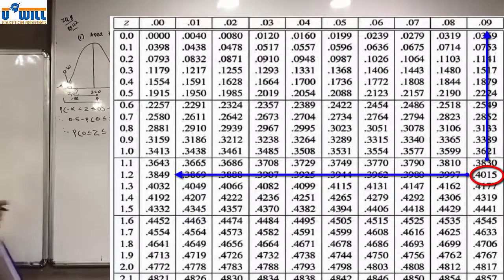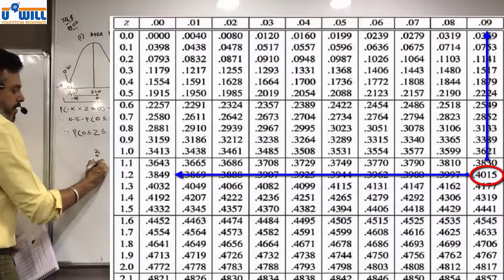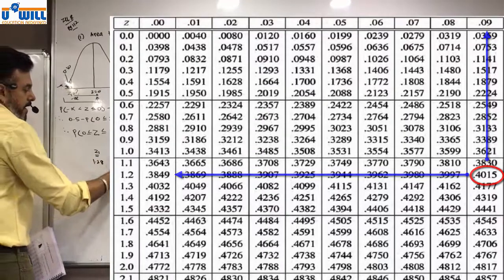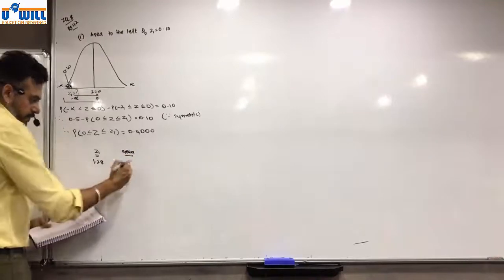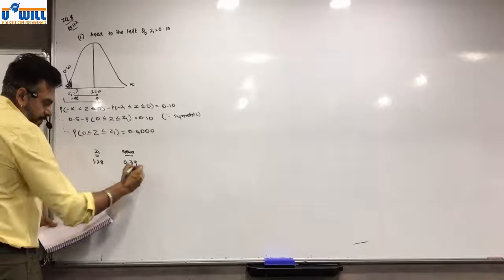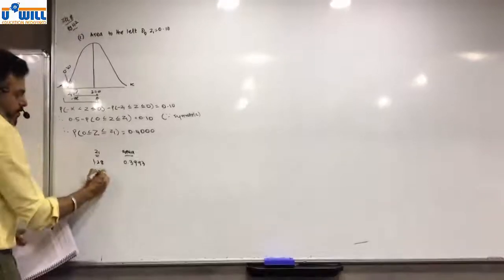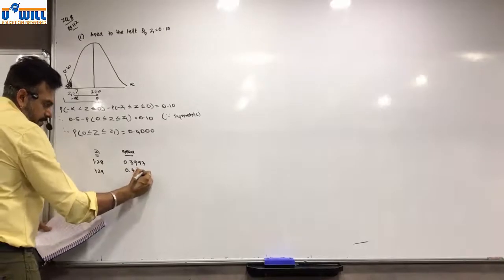So first let's write Z1 as 1.28, area is equal to 0.3997. 1.29, 0.4015.